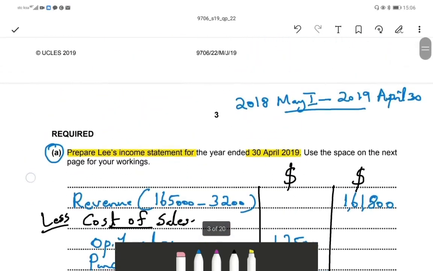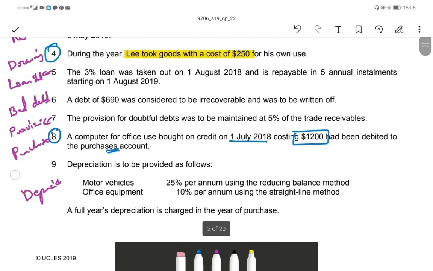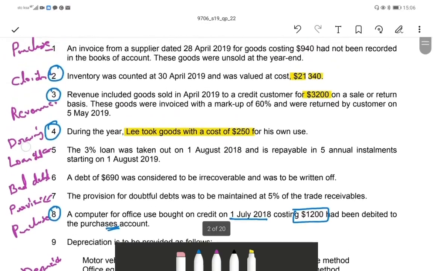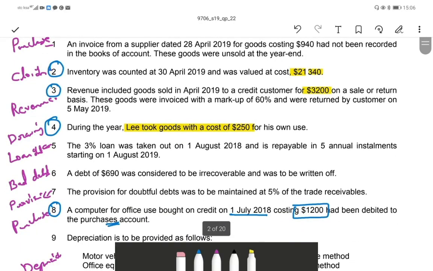Is there any adjustment for closing inventory? Here there was some adjustment. Yes, here third adjustment given. Third adjustment for closing inventory also. Closing inventory given in the question 21,340. But here we have sale on return basis. This we are not sold.